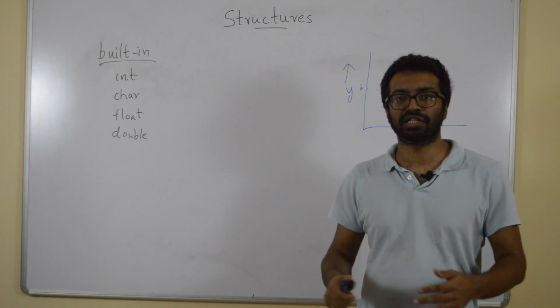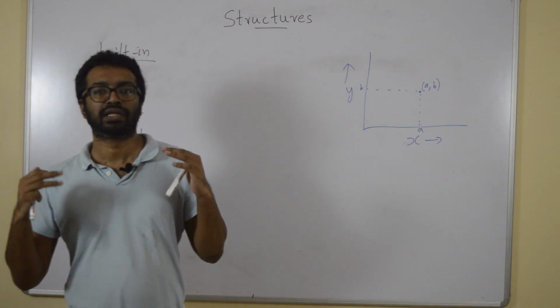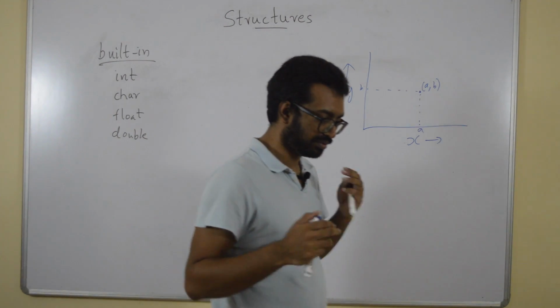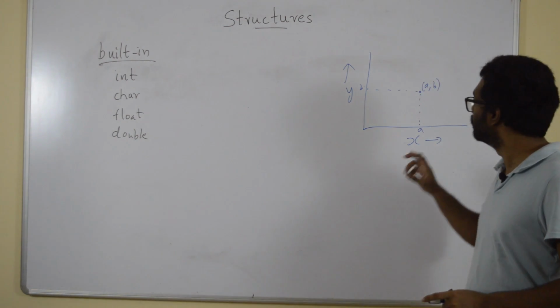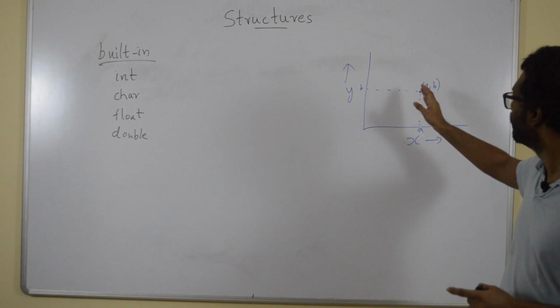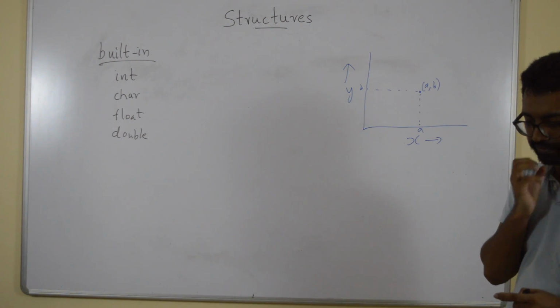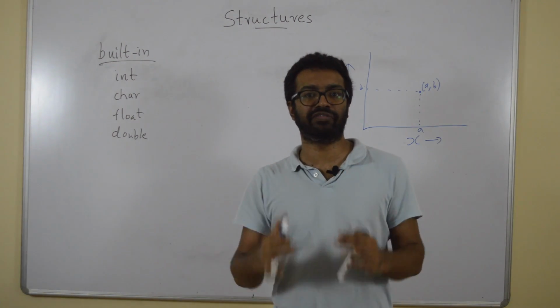Okay, so these are the things we will be interested in. So first question, how do I define this particular data type? So let's say we want these two variables.